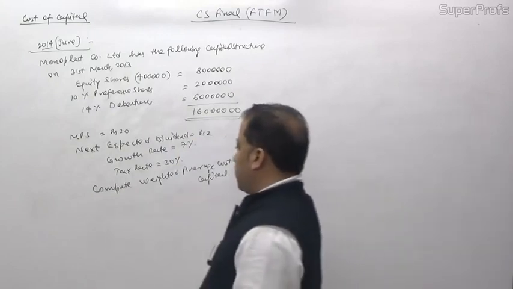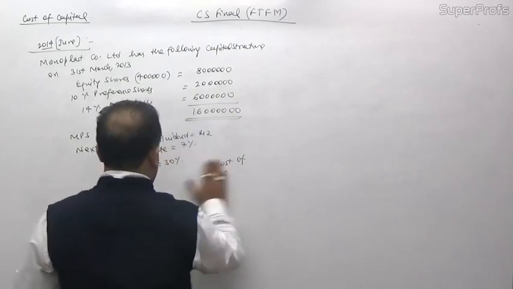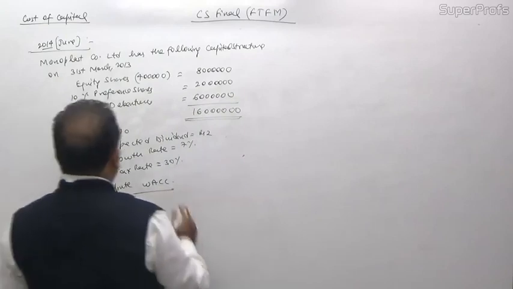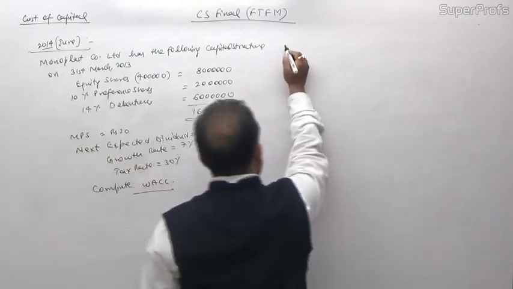So for the purpose of computation of weighted average cost of capital, I have to calculate, number 1, the cost of equity.